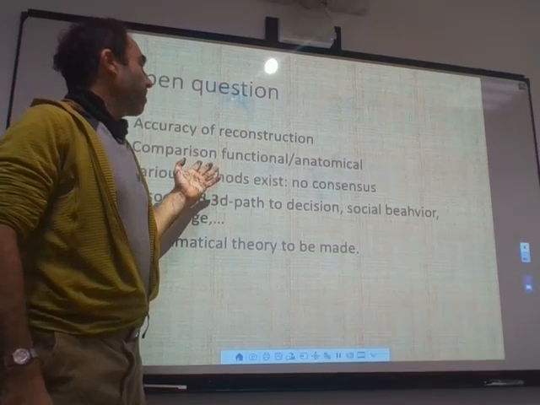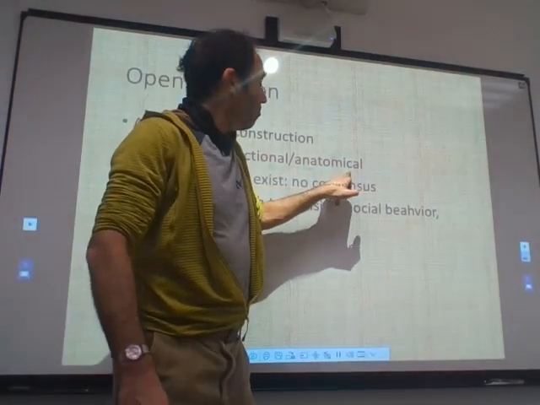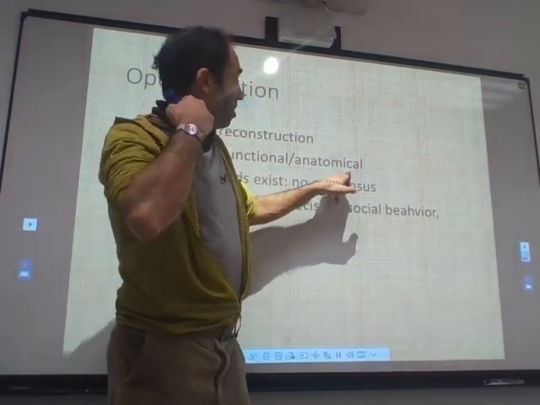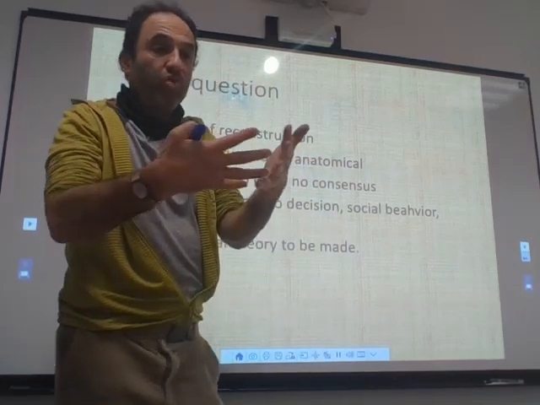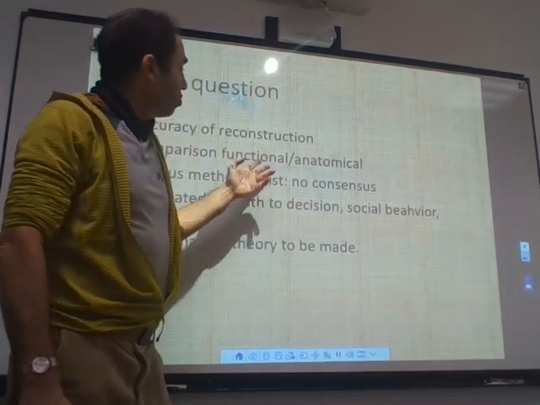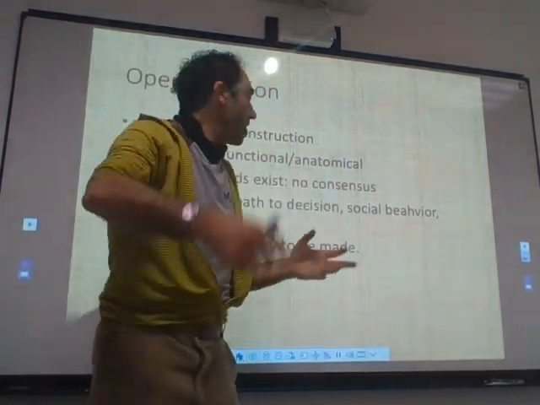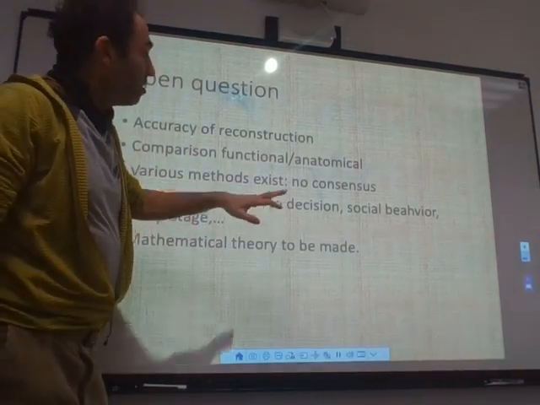How to relate the number of synapses, for example, in the case of neurons, how to relate their protrusions, the way protrusions are orchestrated in the case of glial cells, to the fact that you see indeed changes in the calcium. So there are various methods of reconstruction.